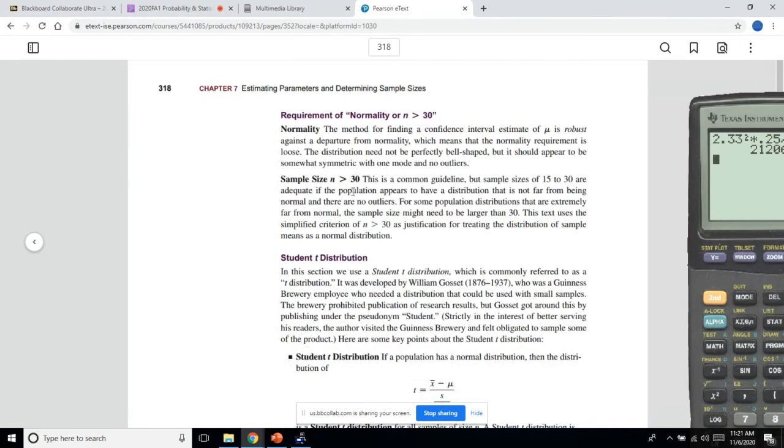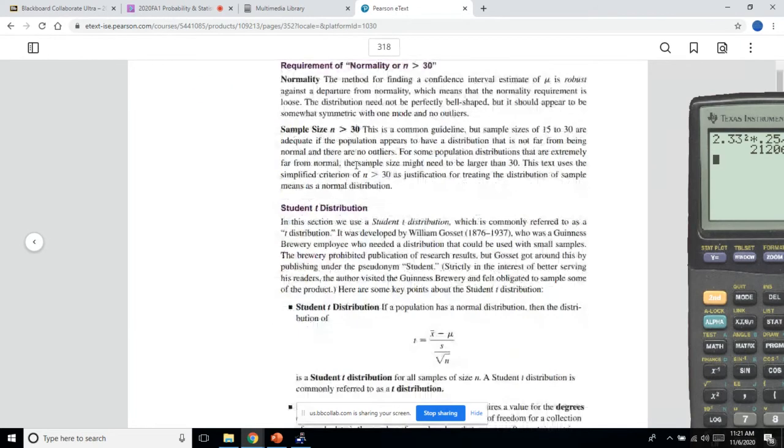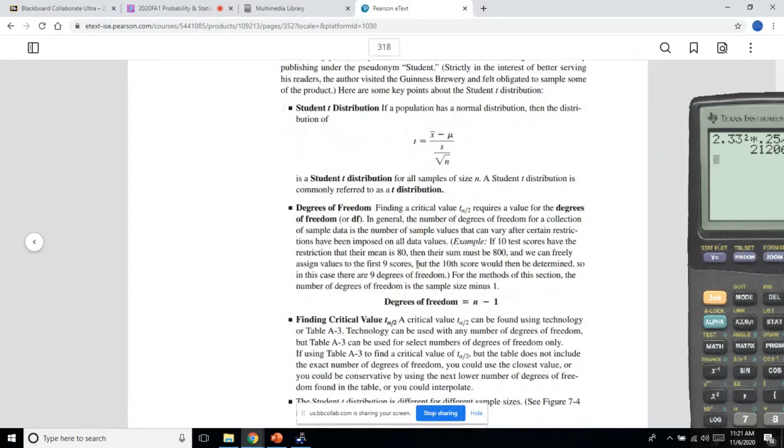All right, and on page 318 in the textbook, I just want to talk about degrees of freedom in a little bit more detail. It says finding a critical value t alpha over 2 requires the value of the degrees of freedom. The formula for the degrees of freedom is n minus 1. So n would be the number in your sample. You would subtract 1. That would give you your degrees of freedom.